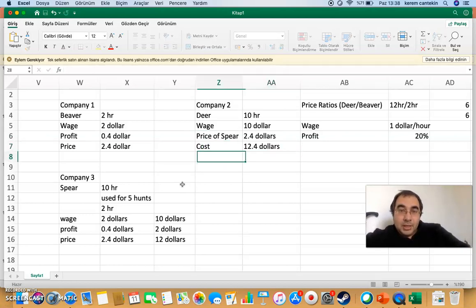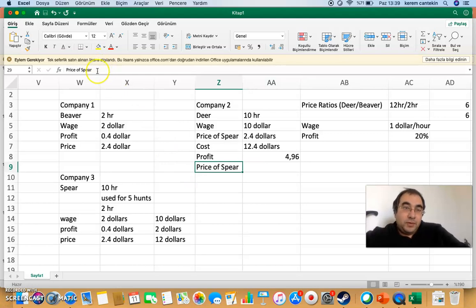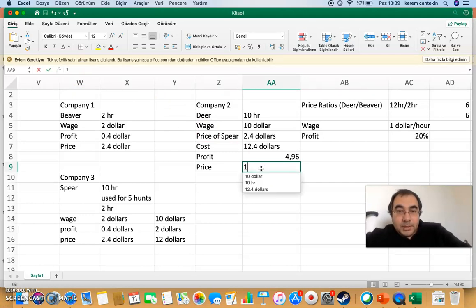So basically, the cost is $12.4, and the profit is the cost 12.4 times 0.4 dollars. So the price, you should also add the price of deer, which is basically 16.